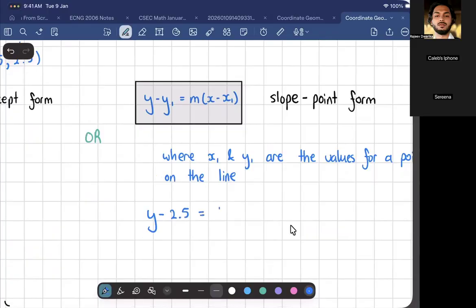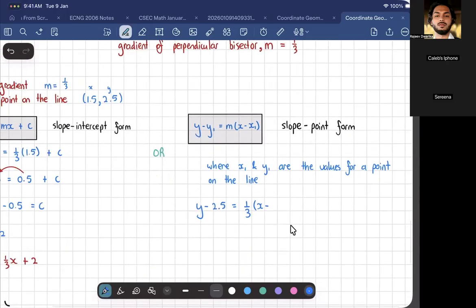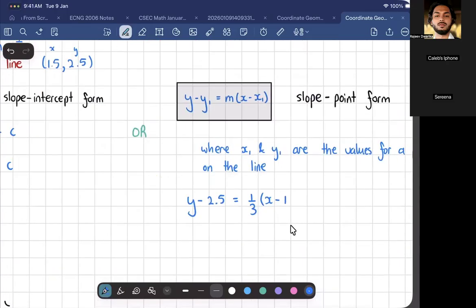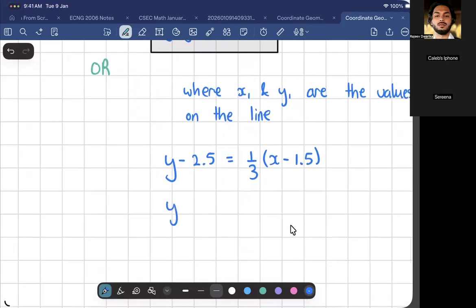And we know that the gradient is a third. And in brackets, you're going to put x minus x1. So x, and then x1 is just the x value, which is 1.5. Next thing you're going to do is expand the brackets. So a third by x is just a third x. And what is a third by minus 1.5?